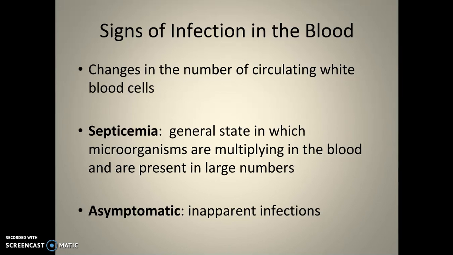Now, a lot of times your immune system is trying not only to kill the infecting pathogen, but also to keep it isolated within one location in the body and prevent it from moving around. If that infection is able to spread to the blood, that is called septicemia, when we have microorganisms in the blood, and that's really dangerous.